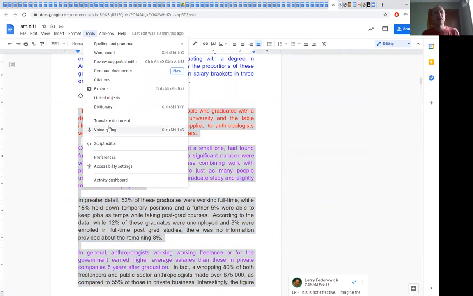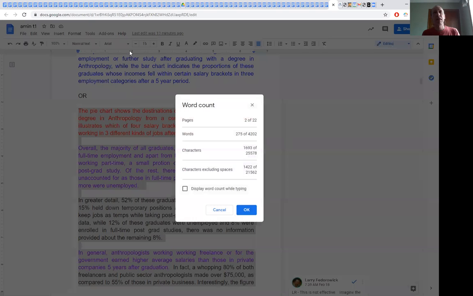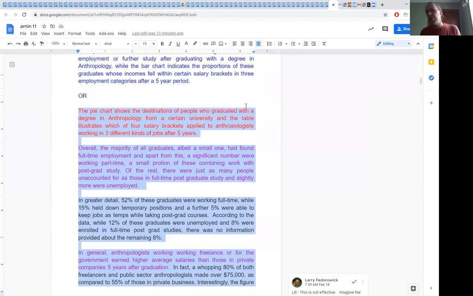Let's check it out. 275 words, which is going to take you probably more than 20 minutes. And even if you do it really well like this, unless you can really do an essay really fast, it's probably not going to lead to a good overall writing mark. So we have to cut it down.